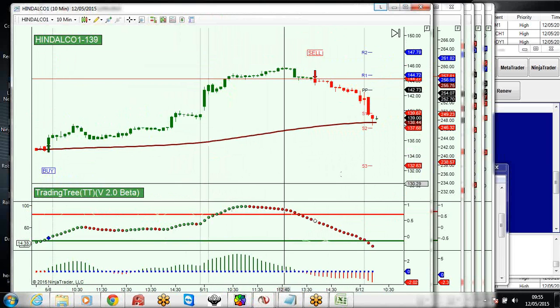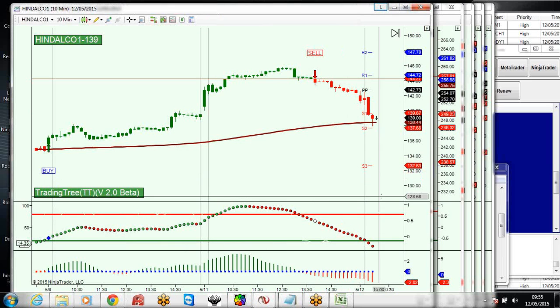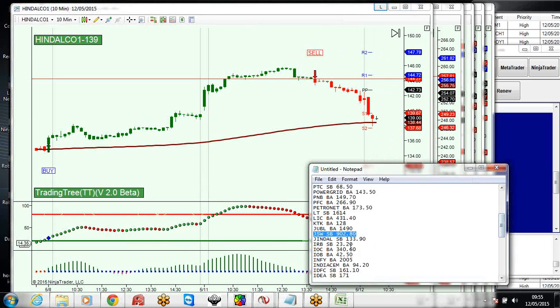So Hindalco is 159 now. So that's around 6,000 rupees profit.